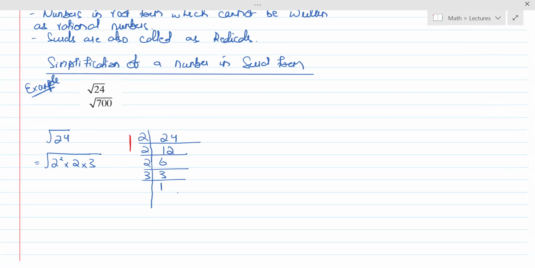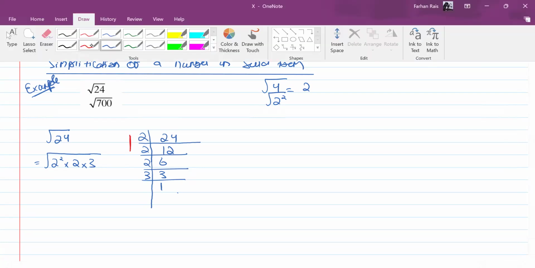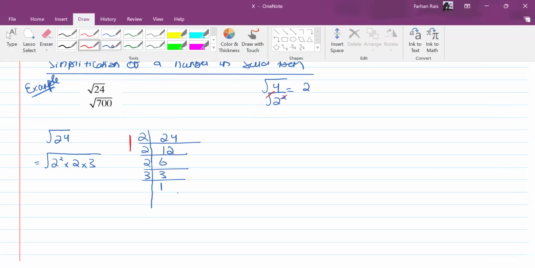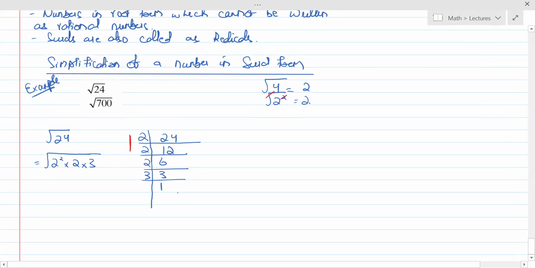And we know that the square root of 4 is 2. How? Because 4 can be written as 2 square, and eventually this square on 2 cancels the root and comes outside the root. The same technique would be applied here.